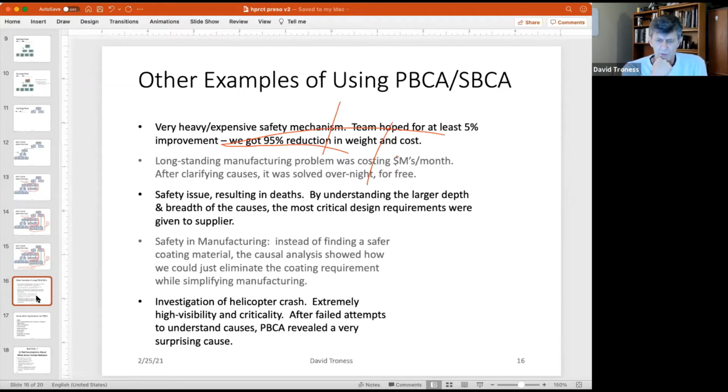This can be used for understanding what were the unique, very unusual causes that made something happen. And kind of the key is if simple or regular approaches don't work, this can do a better job of ensuring that you've captured the whole breadth of possible causes as well as the depth.